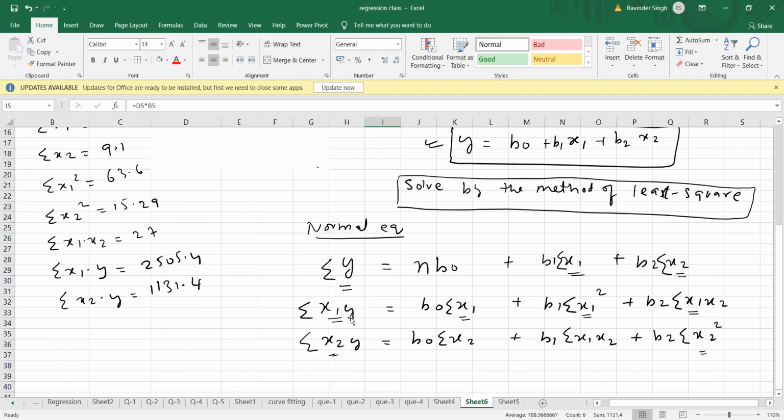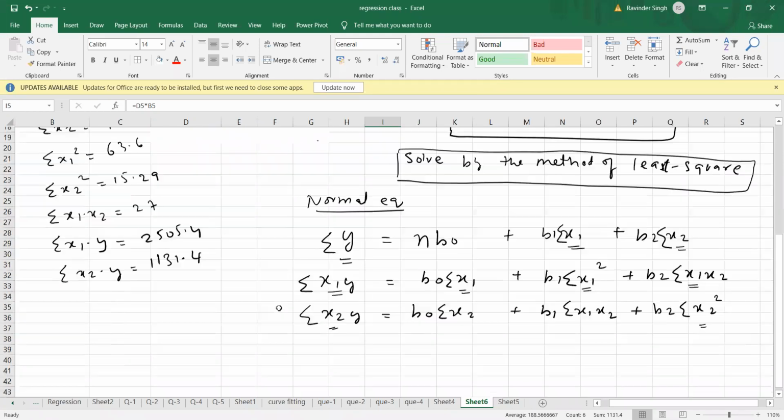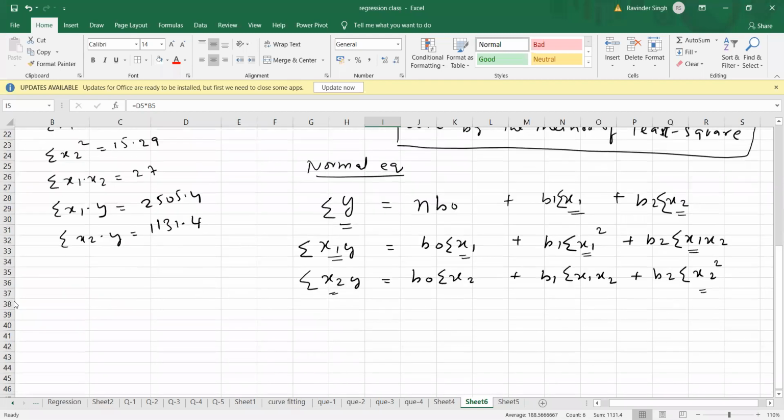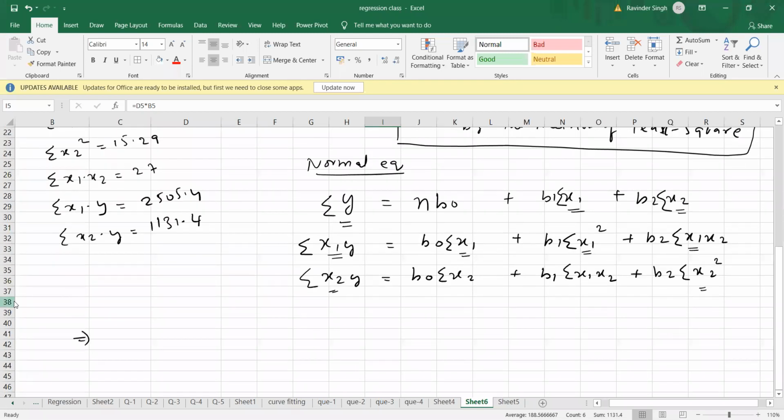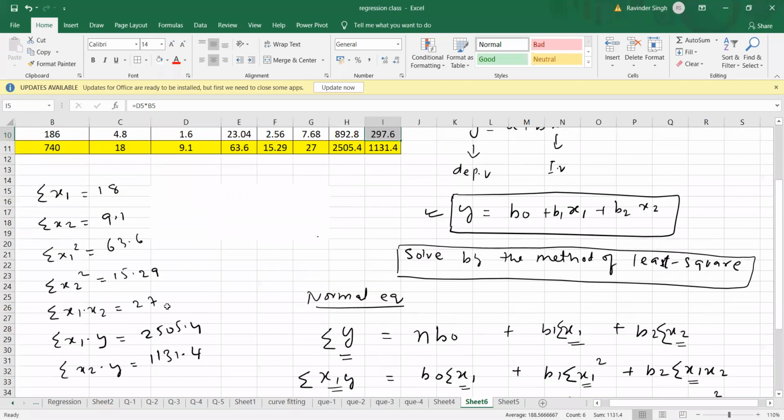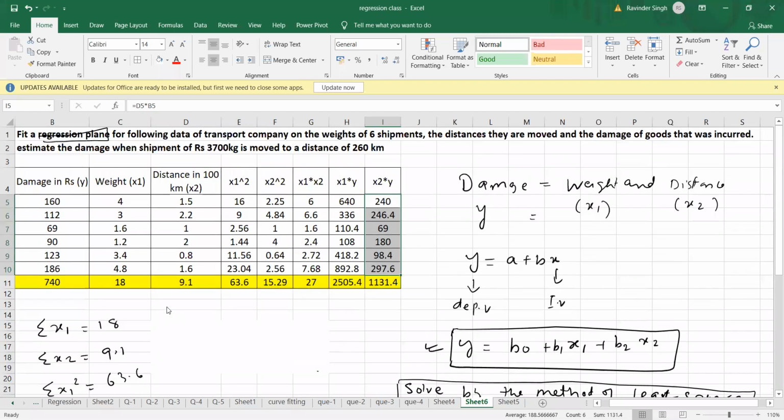So still we have time, we can solve this. Let me solve this quickly. What is the n value? 1, 2, 3, 4, 5, 6. N value is 6.